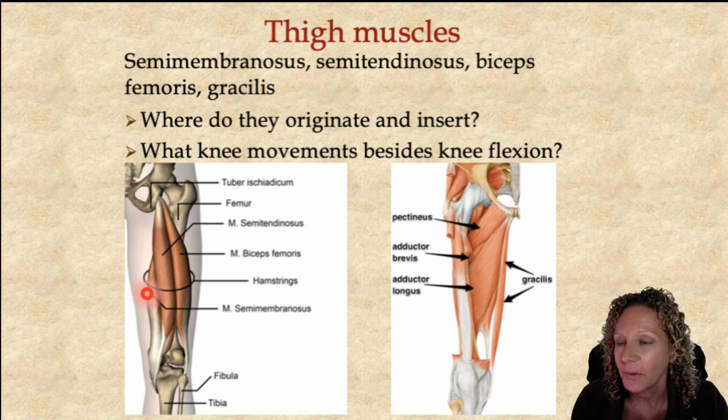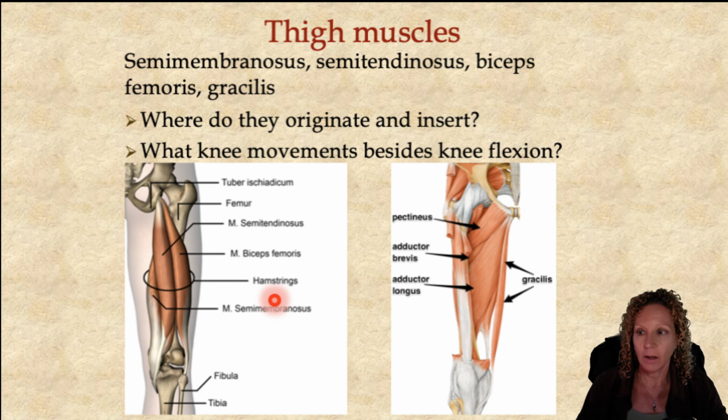Like if you take a look at the biceps femoris, it's inserting more on the lateral side of the back of the knee, where the fibula is, and the semimembranosus and semitendinosus are coming in on the medial side of the tibia.